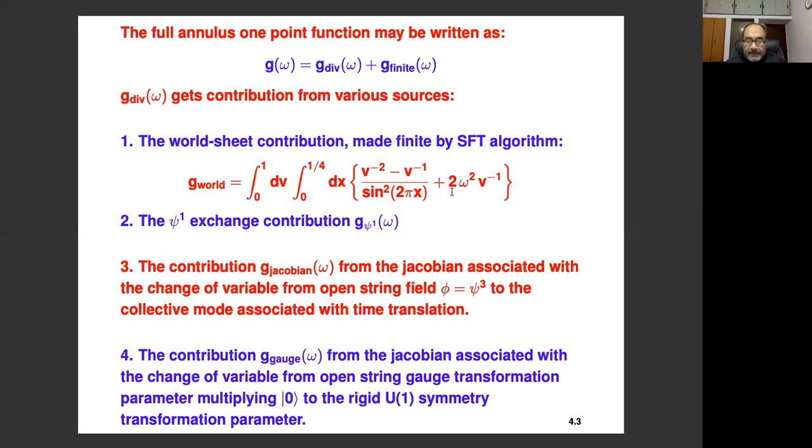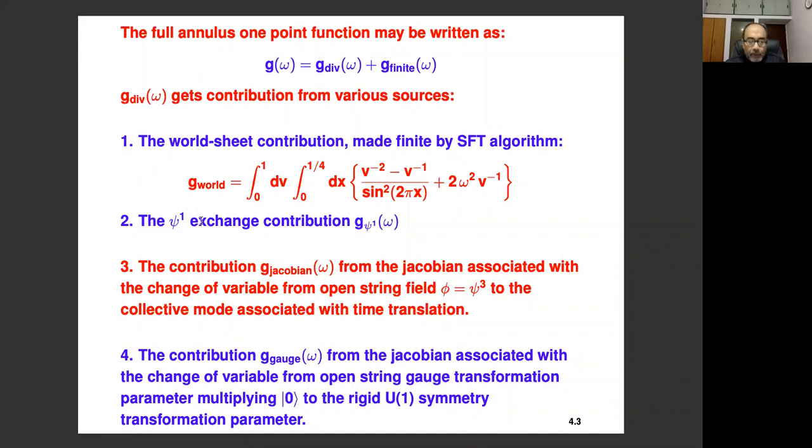This is this integral as written. You have to make this finite by using the appropriate string field theory algorithm, which I have already described: you change variables from v and x to the Schwinger parameters, and then use the appropriate replacement rule, which gives a finite result.